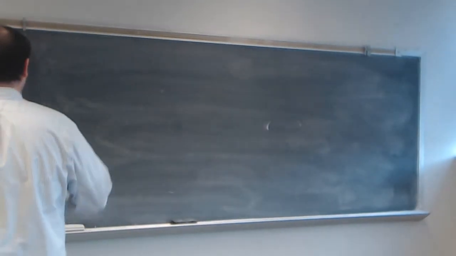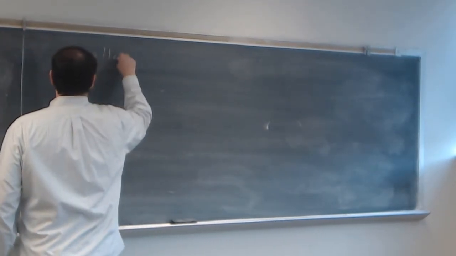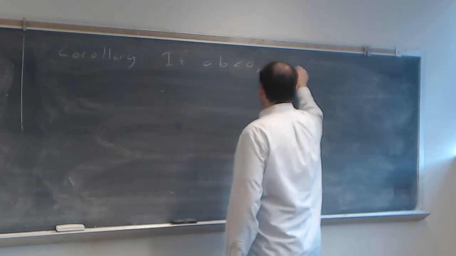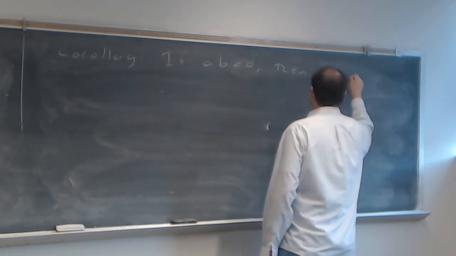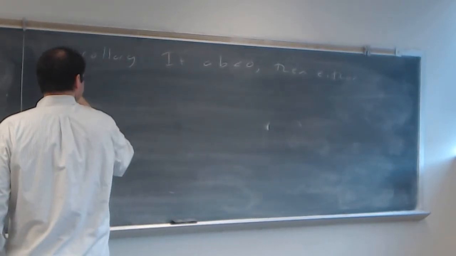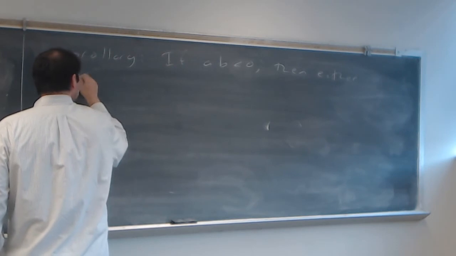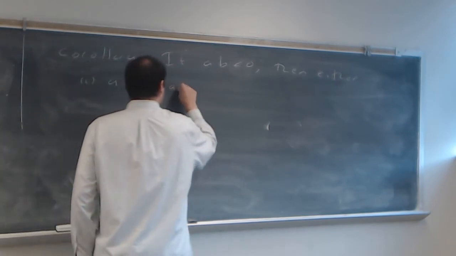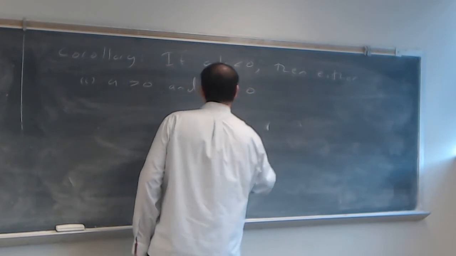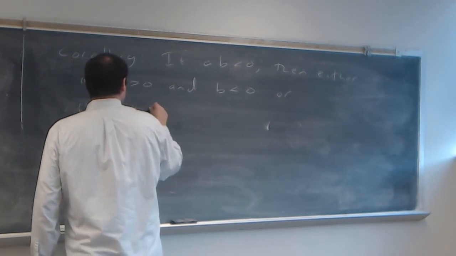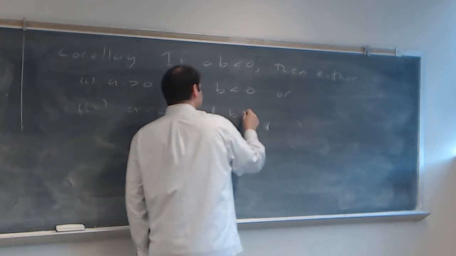I won't prove it, but I'll just state it. As a corollary, if A times B is less than 0, then either part 1, A is greater than 0 and B is less than 0, or part 2, A is less than 0 and B is greater than 0.